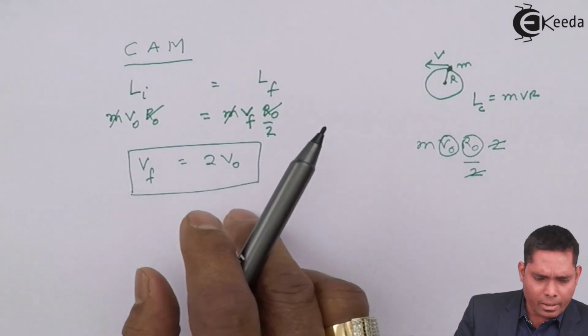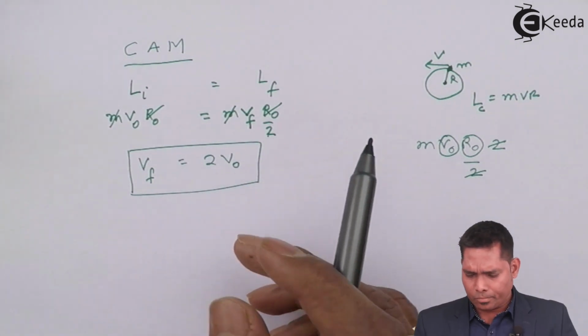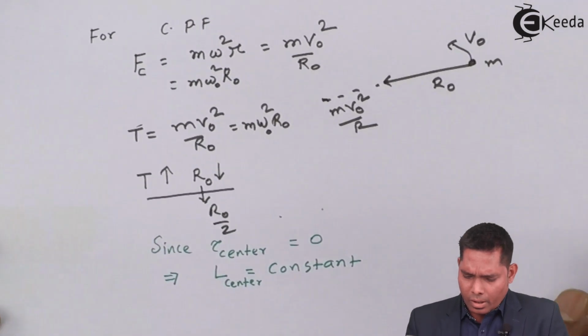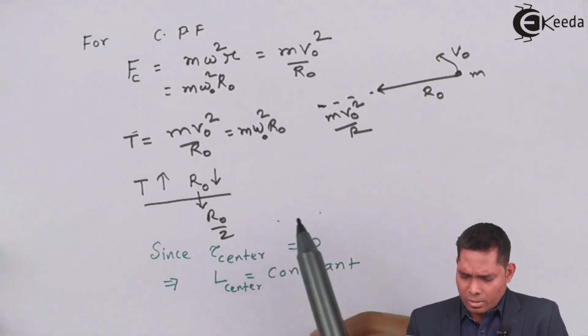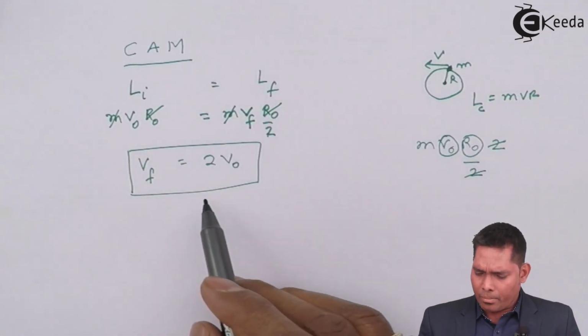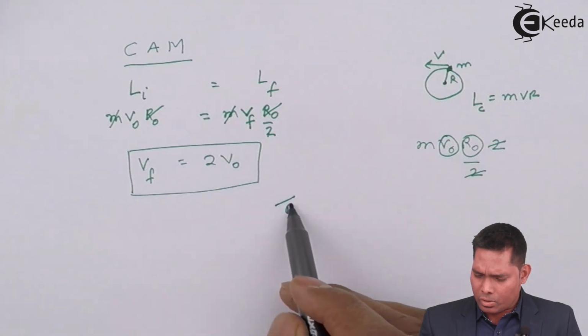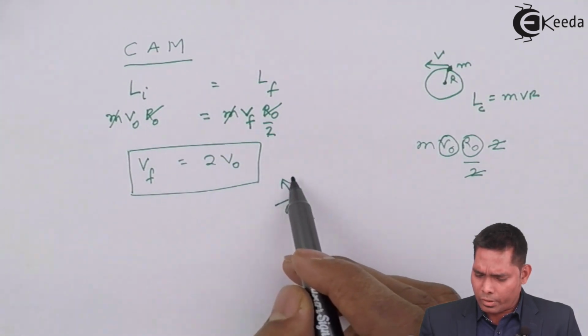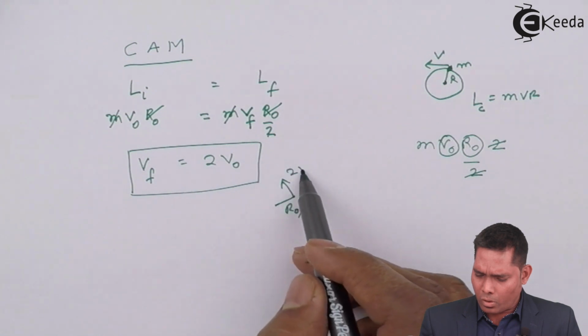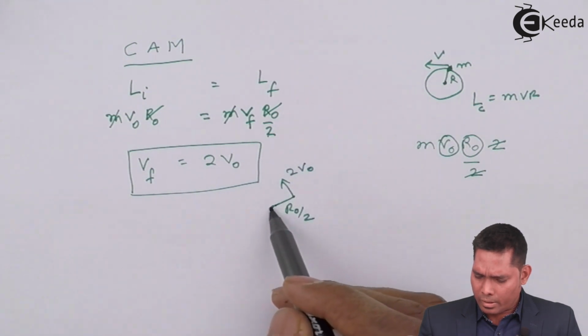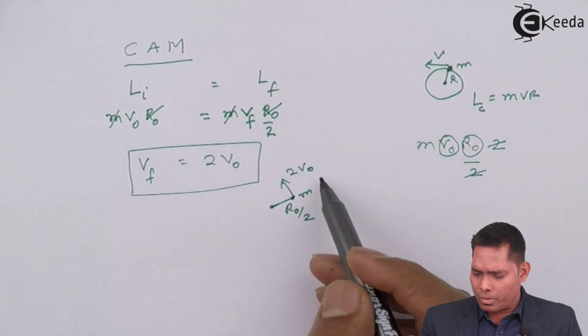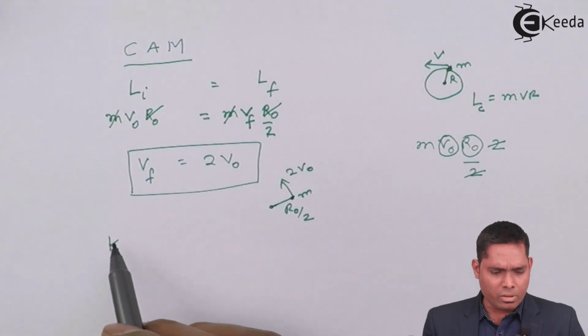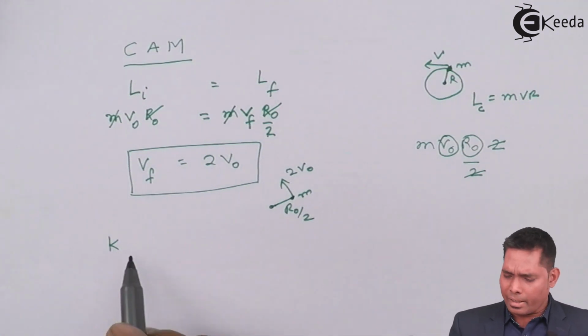Once I got the speed at the time when the radius decreases to r naught by 2, v final is 2v naught, and the mass is m, then I can write the kinetic energy in this situation. The question is to find the kinetic energy.